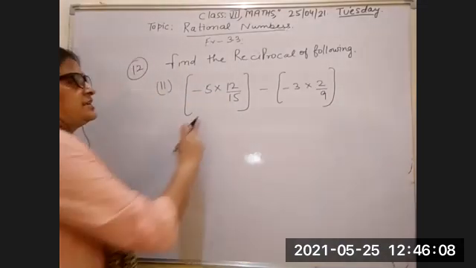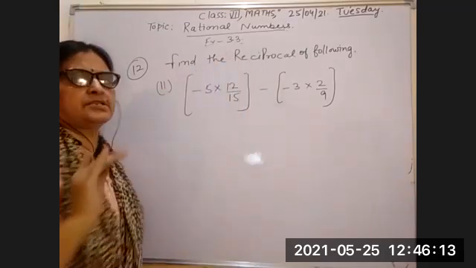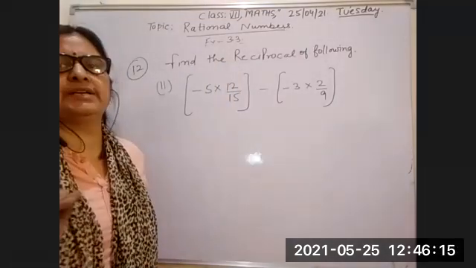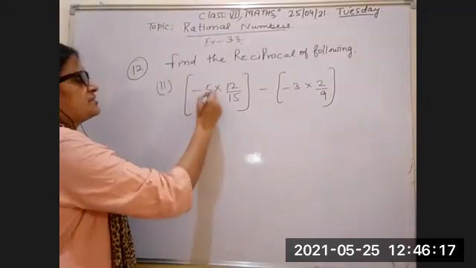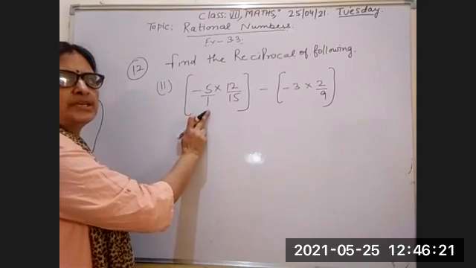How will you convert this question into the reciprocal? When the solution is done, then you have to take the reciprocal. First you will solve this, because here the denominator is not given, so I put here 1.